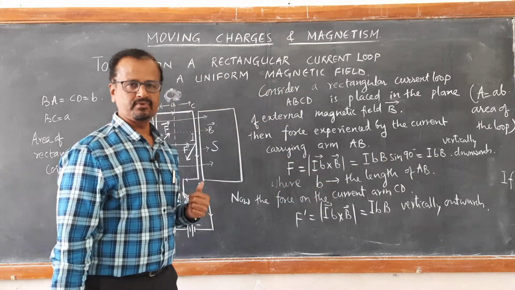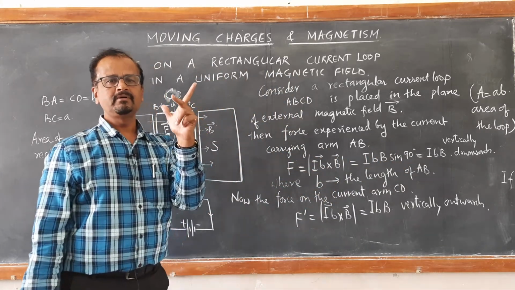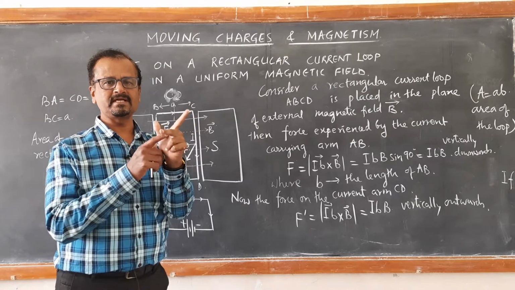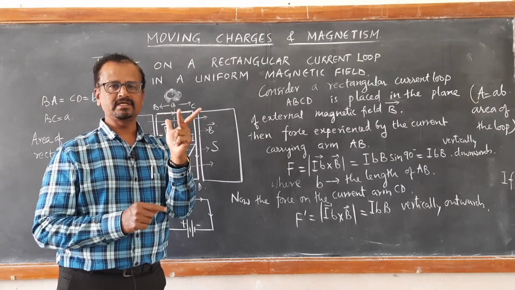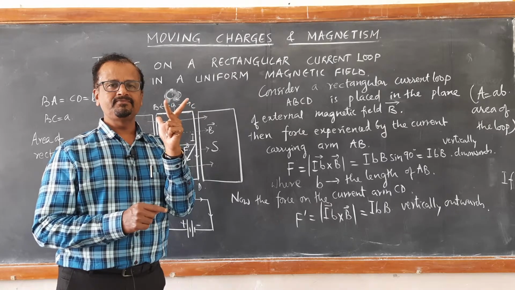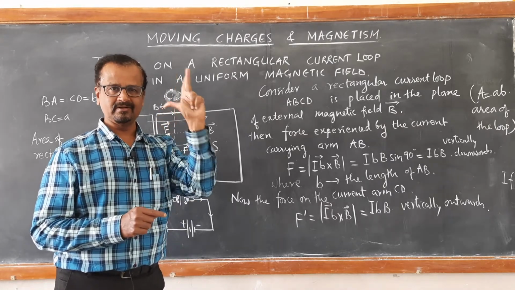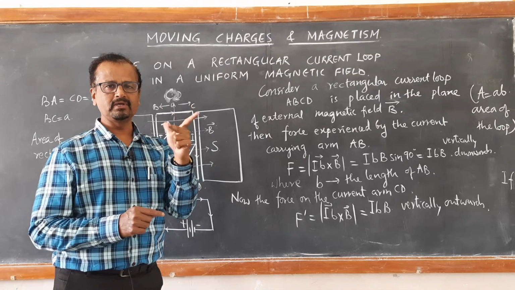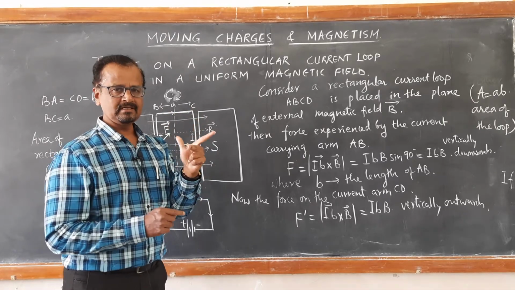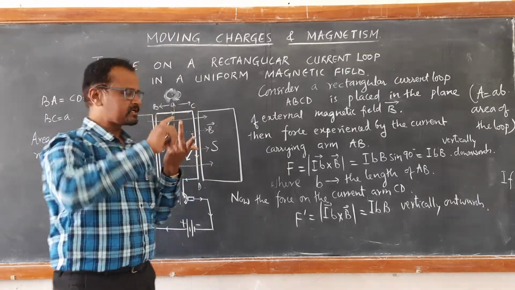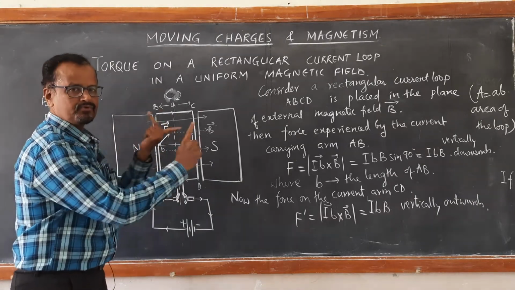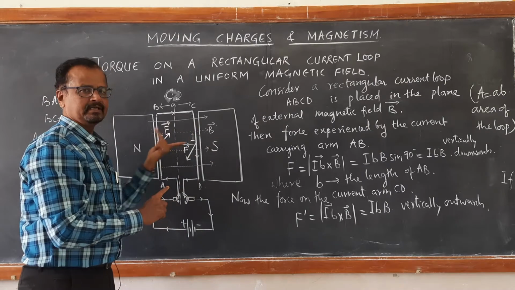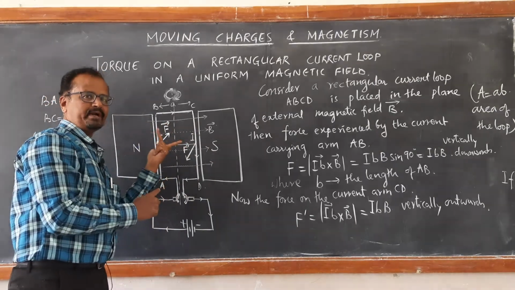Then what is the direction of force? We make use of Fleming's left hand rule. Stretch your first 3 fingers of your left hand mutually perpendicular to each other such that the central finger shows the direction of current, forefinger shows the direction of field, and see the thumb is pointing inwards.